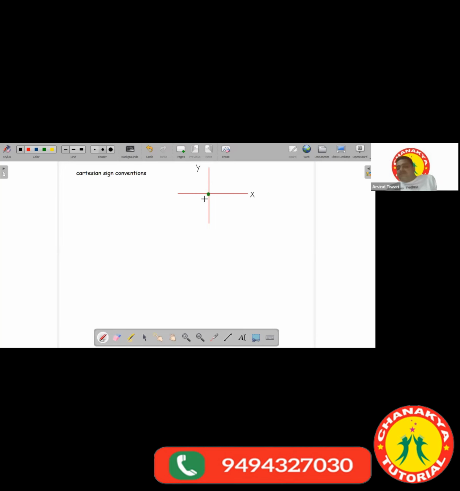From the origin, all measurements made towards the right are taken as positive, and measurements towards the left are taken as negative. All measurements above the x-axis are positive, and measurements below it are taken as negative. We have studied this.